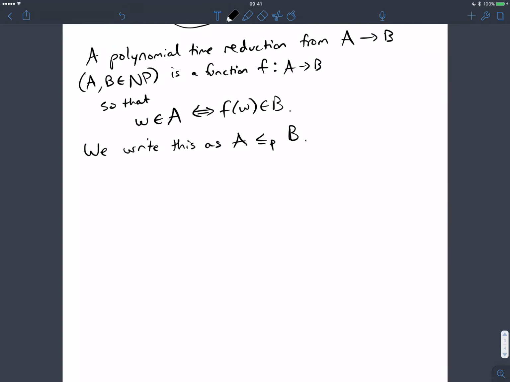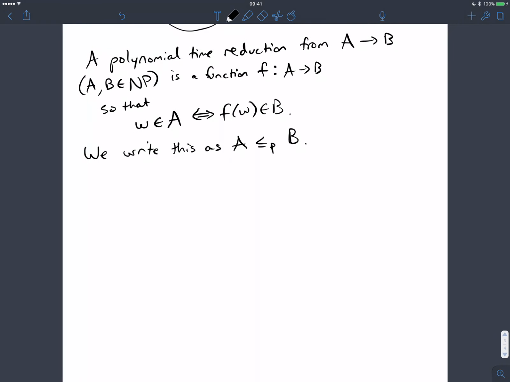I had better not let the process from problem A to problem B take longer than it would have originally taken to solve the original problem anyway. So we have to restrict to polynomial time here. Okay?